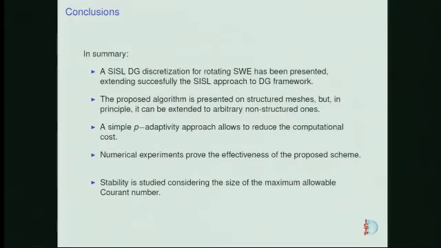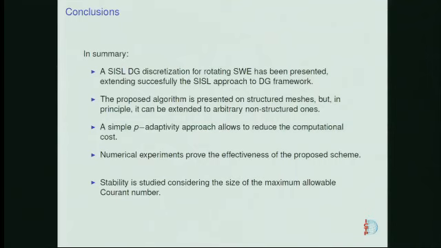To summarize, I presented to you an SI-SLDG discretization of shallow water, and I repeat that this is presented on structured meshes, but could be extended also to non-structured, and also non-conforming. For example, to avoid the problems with the poles, we are also considering the possibility to implement it on reduced Gaussian grids.